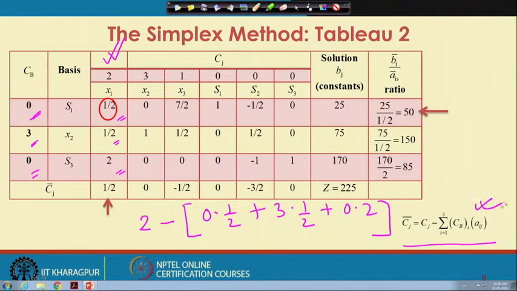So, this is what this equation represents. So, this is basically 2 minus 3 by 2, which is equal to half. So, this is half. So, this is how you compute Cj bar for non-basic variable x3 as well as S2.